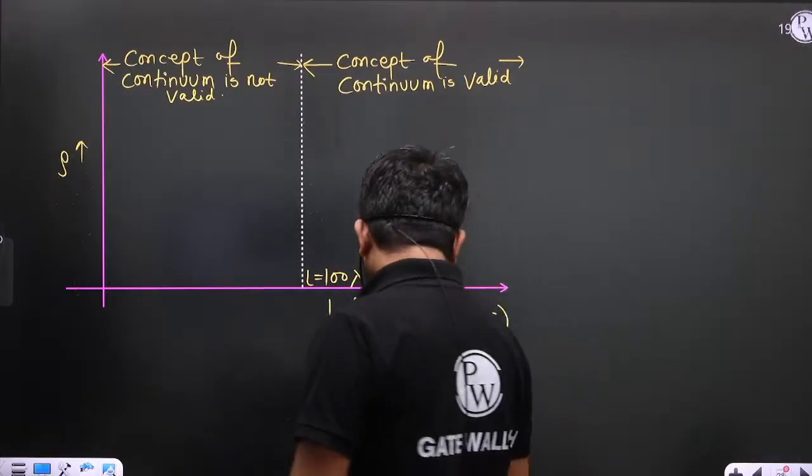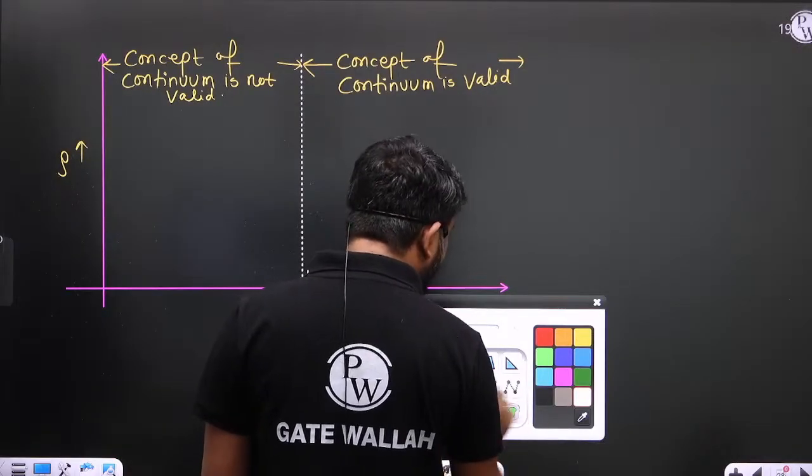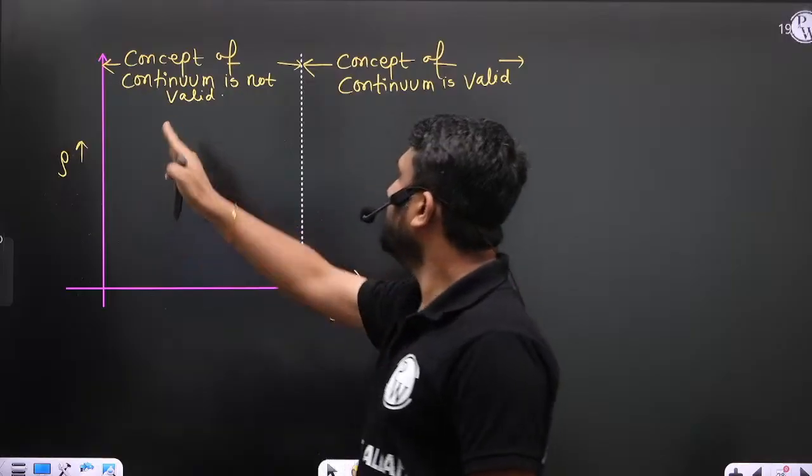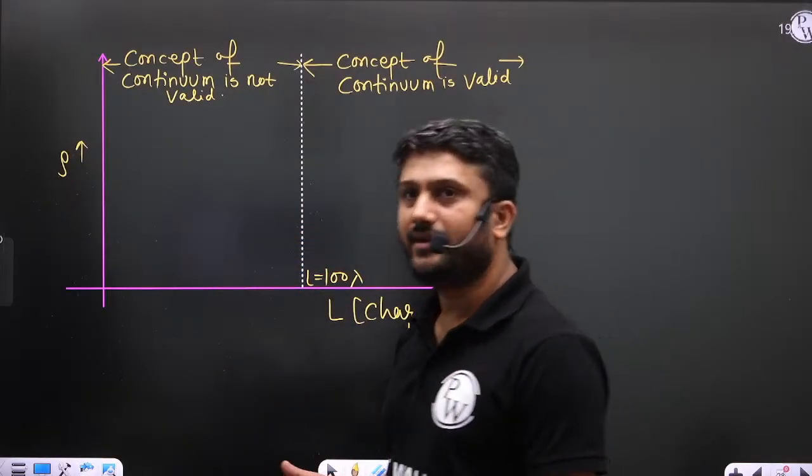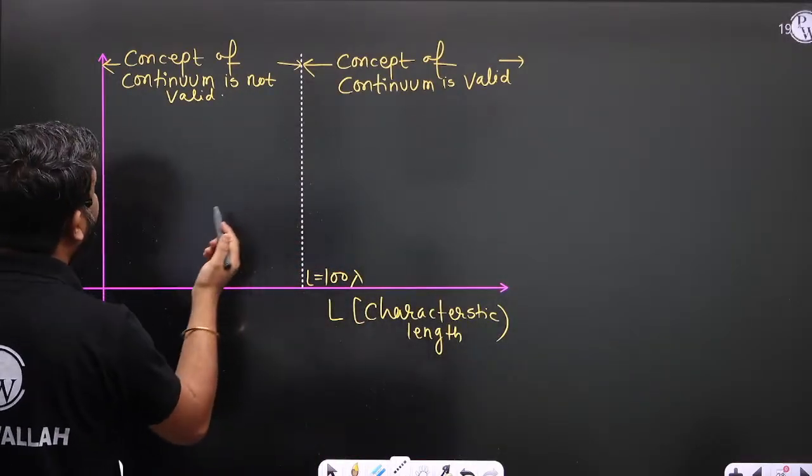Right? Now see, in this zone where concept of continuum is not valid, it is not possible to define a unique density.